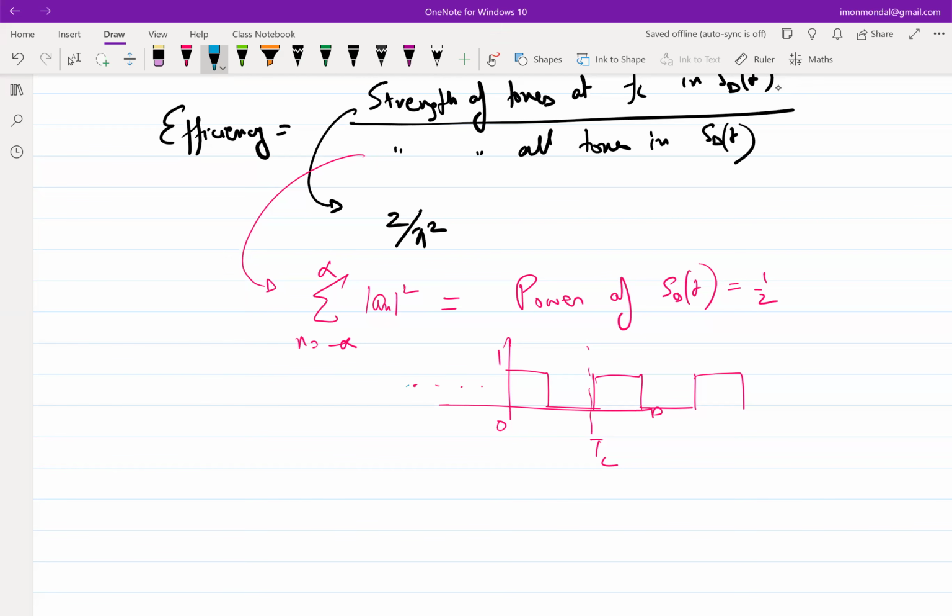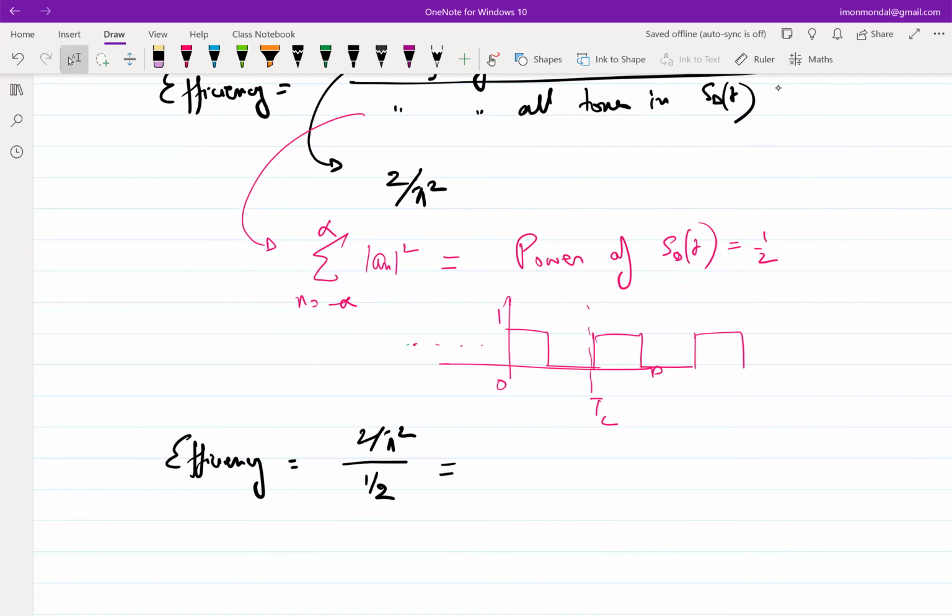So essentially now, that brings us to an efficiency of 2 by pi squared divided by 1 over 2, which is equal to how much? 4 by pi squared, right?